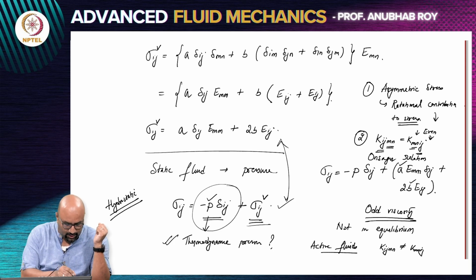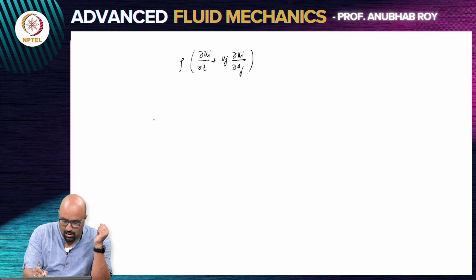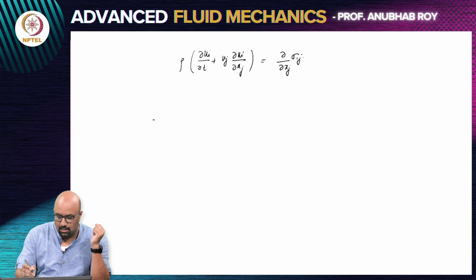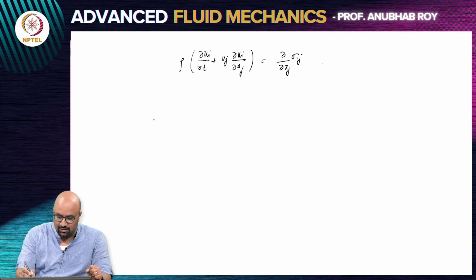Our starting point would be what we have seen so far, which is that the conservation of momentum in a fluid can be expressed as the density times the acceleration being balanced by the divergence of the surface stress, and if there were any body forces, then you would have the body force per unit volume that would act in the problem.